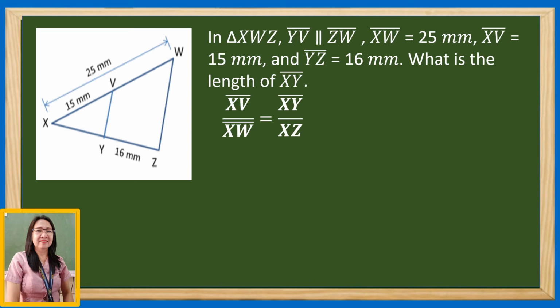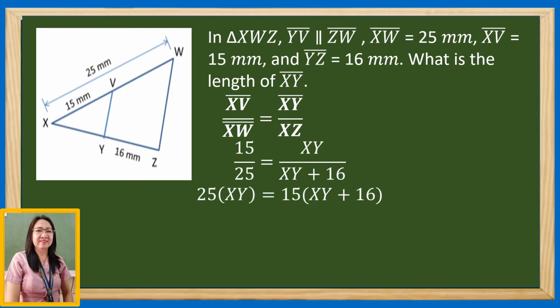Then by substitution, XV is 15 millimeters, XW is 25, then XY is our unknown, wherein XZ, in the figure, we are going to add the length of XY to 16 millimeters.